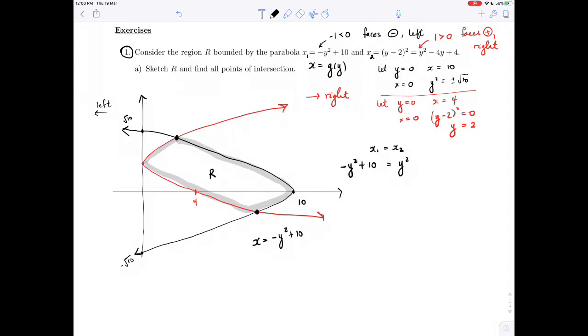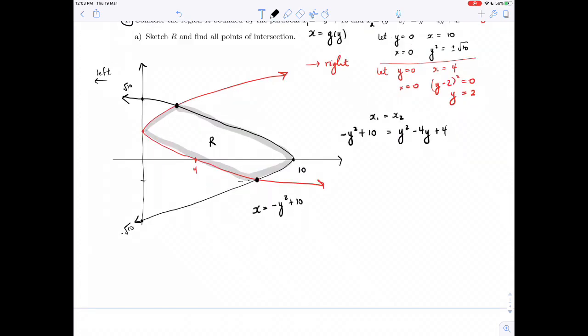You can set values equal. I'm going to use the expanded form of the parabola on the right given there. So I'm going to bring everything over to one side, so that will leave me with 0 here. I will have 2y squared, so 2y squared minus 4y, and 4 minus 10 is minus 6.